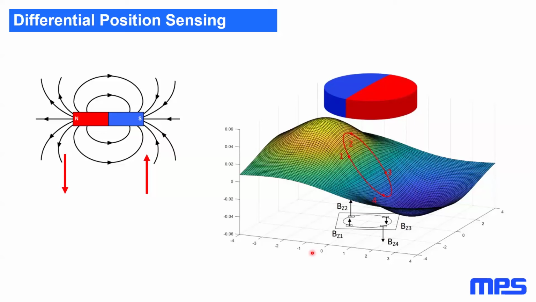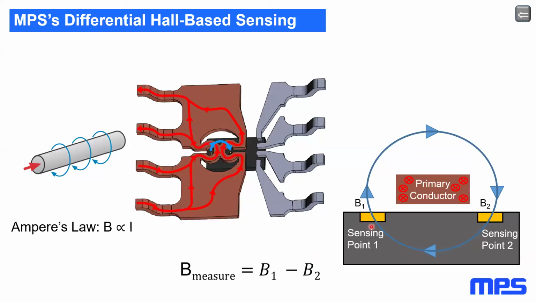Now, I'm going to revisit this for one second because there's one important caveat here. And that is, because I've got B1 minus B2, and I've talked about shifting everything up and shifting everything down based on a uniform field, what happens if I have a field with a gradient, which especially in a current sensor can be an issue?